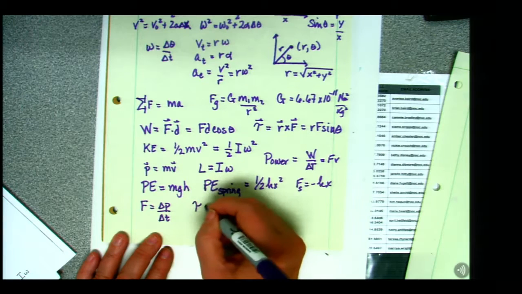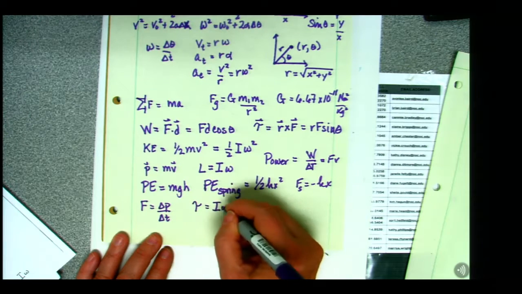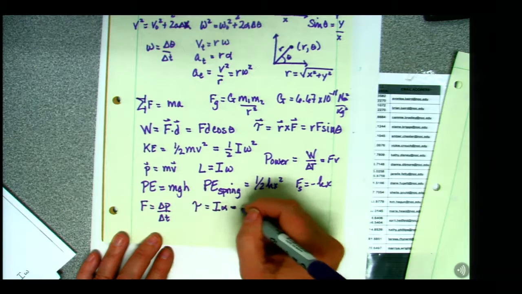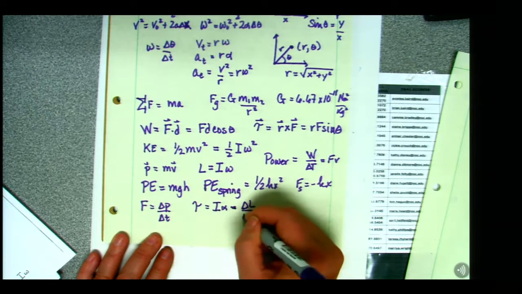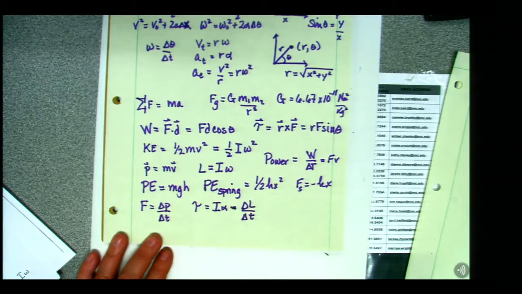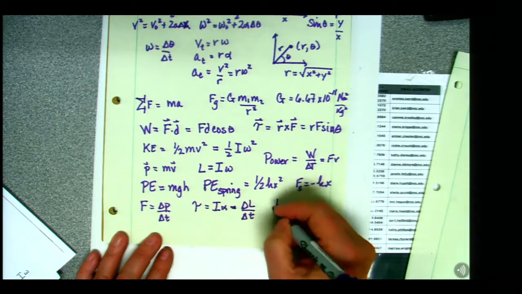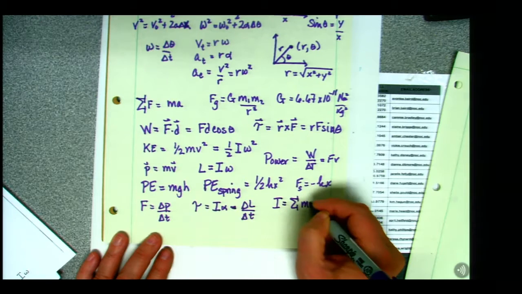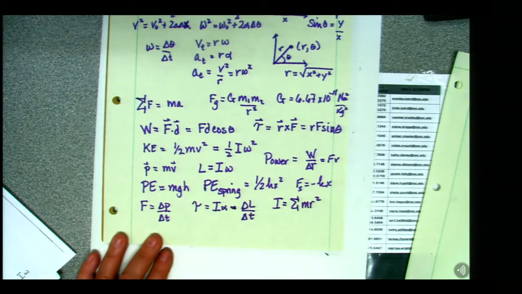Torque is I alpha, and that's a change in angular momentum with respect to time. And we have I, because we might need it, is the sum of the mass times the radius squared.